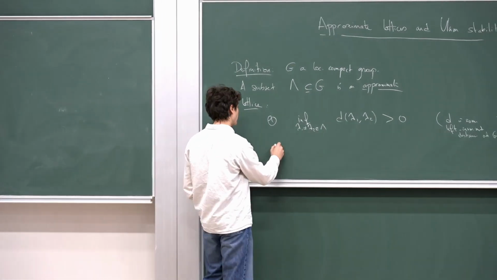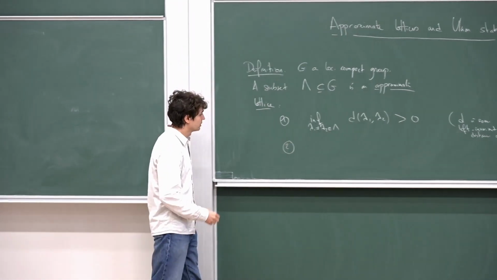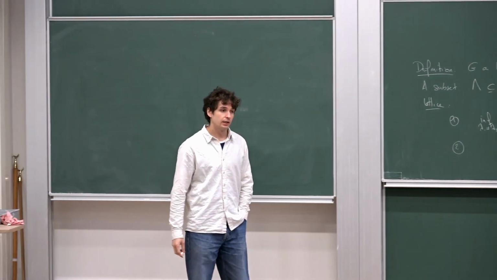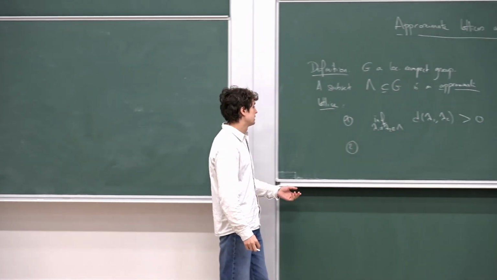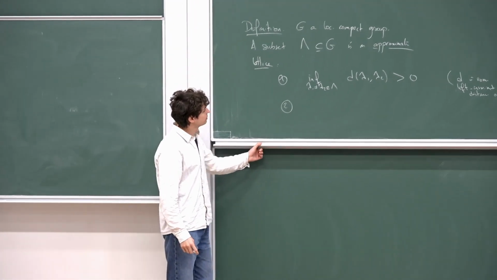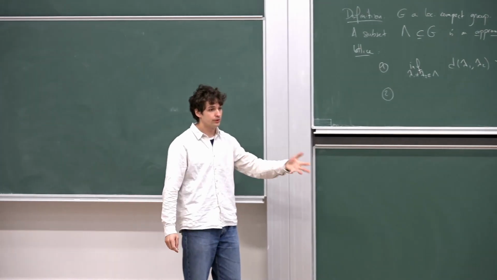The second part is finite covolume. Here we're going to take maybe the easiest way to define it.